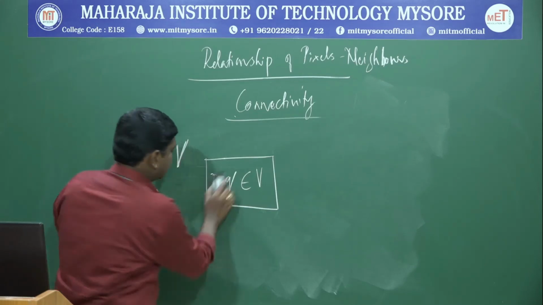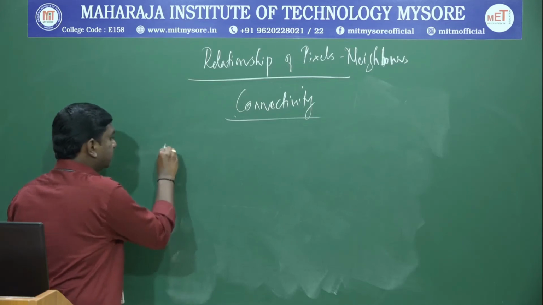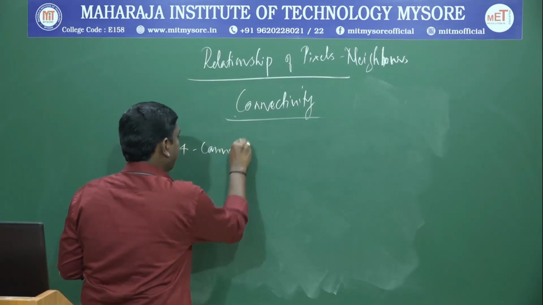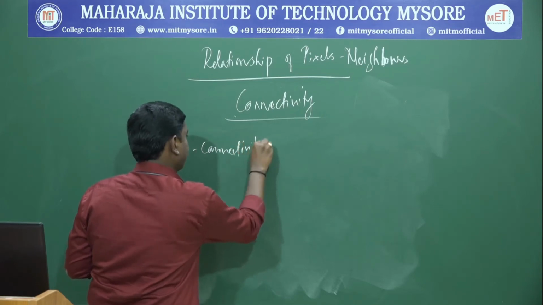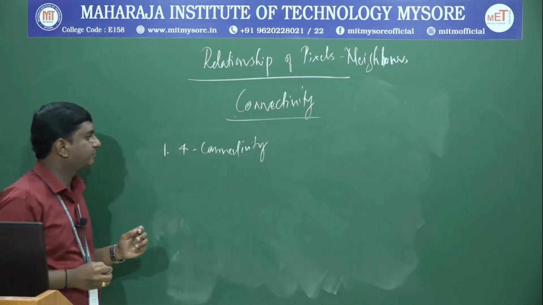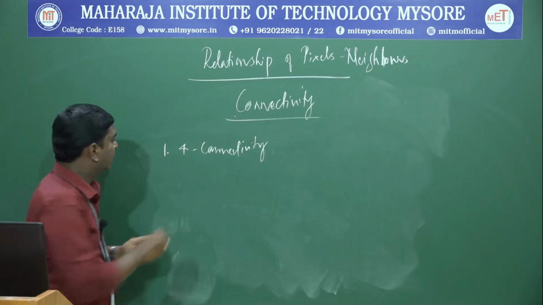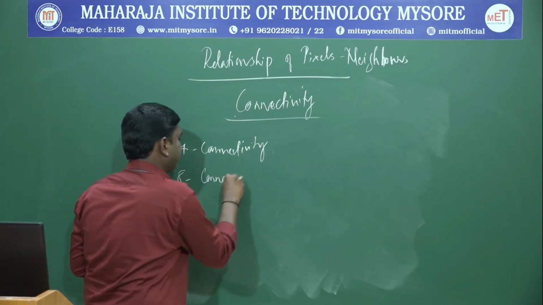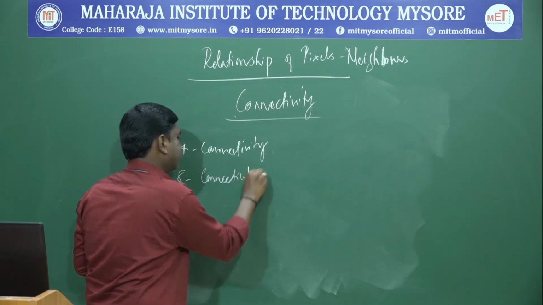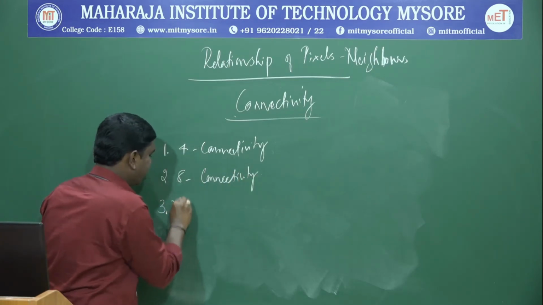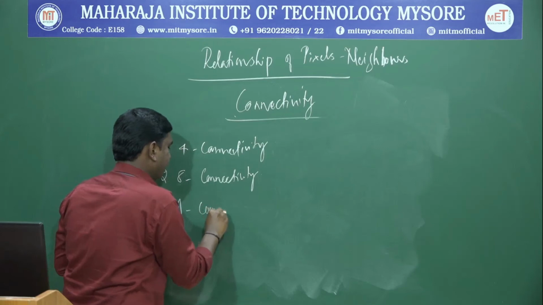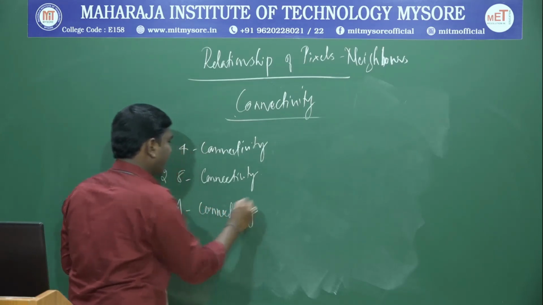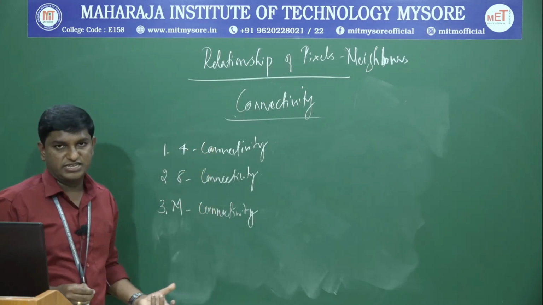What are the 3 conditions? The first condition is 4 connectivity. The second condition is 8 connectivity. And the third condition is M connectivity. One by one we will discuss this.